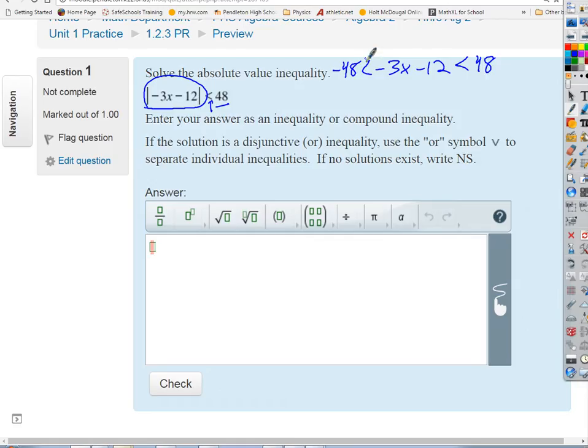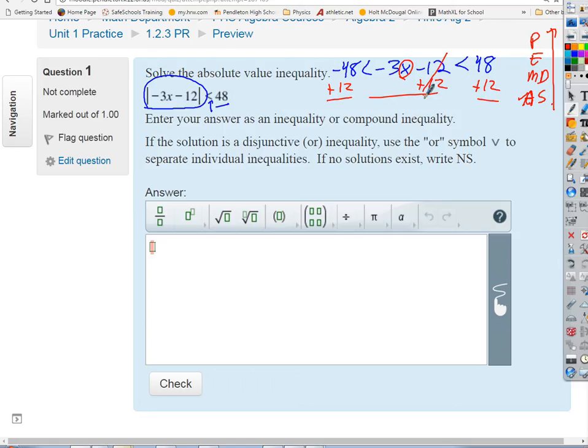And so all we've got to do then is isolate x. To isolate the x, we're just going to undo everything that's being done to the x, in reverse order of operations. So first we have to undo addition and subtraction, so we'll add 12 to all parts.